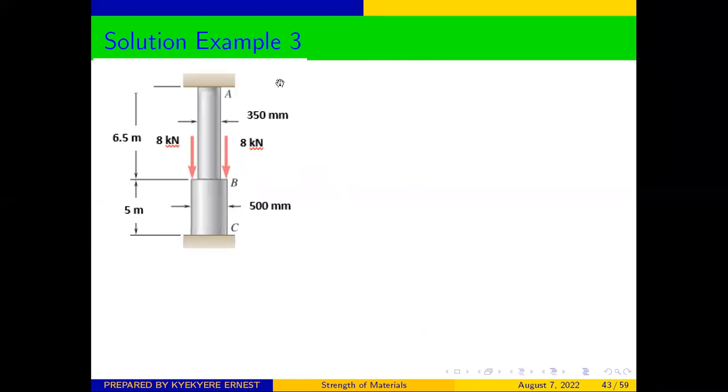So we want to see how to solve this problem. This problem is called statically indeterminate because when you draw the free body diagram of this whole structure, it is going to look like this. We have the 8 kilonewtons at this side, and at this side also we have our 8 kilonewtons.